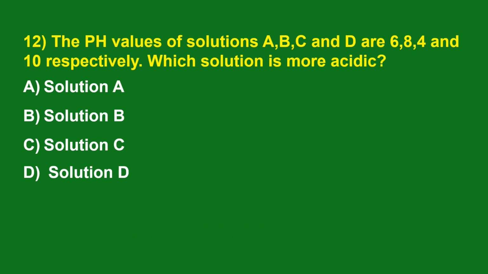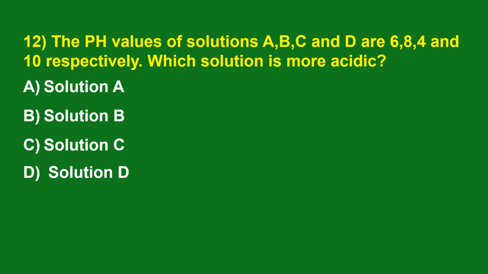Question number 12. The pH values of solutions A, B, C and D are 6, 8, 4 and 10 respectively. Which solution is more acidic? Dear students, we know that if the pH value is least, the acidic nature is more.